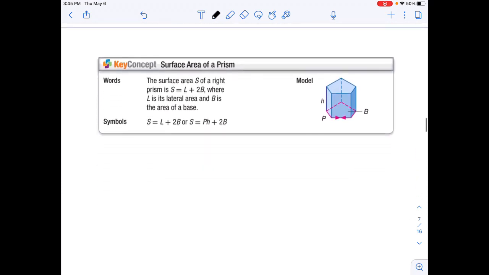Now, if we're talking surface area, that is actually the area of all sides, the bases and the lateral area. So right now, all we would have done is the lateral area. If I draw a net of, say, that triangle like we had before, not necessarily to scale.